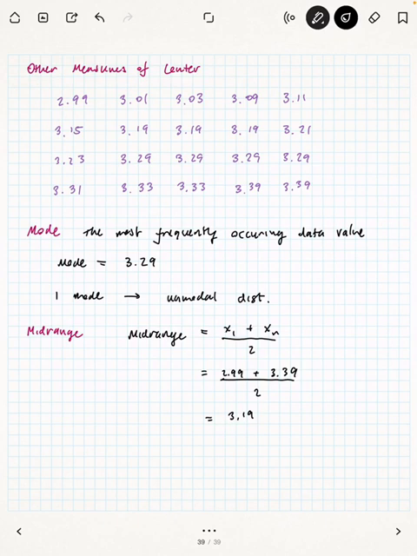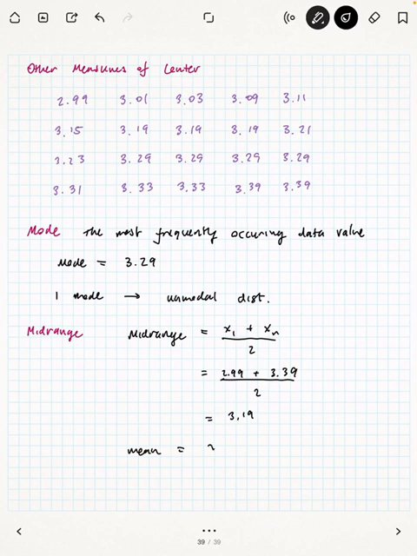Just for the sake of checking that this is actually a good approximation, I'm going to calculate the actual sample mean, which would be adding up all the data values and dividing by the sample size.